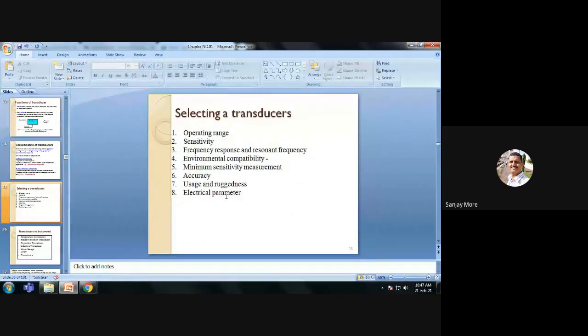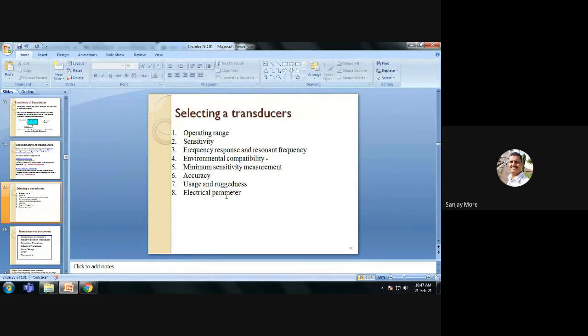Then parameters for selecting different transducers. These parameters are considered. First one is operating range, second is sensitivity, third is frequency response and resonant frequency. Fourth is environmental capability. Fifth one is minimum sensitivity measurement. Sixth one is accuracy.